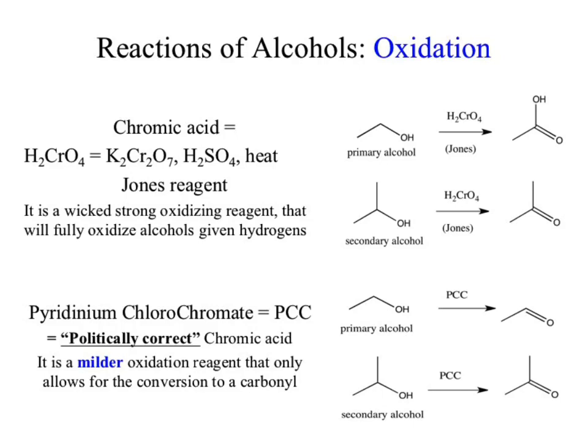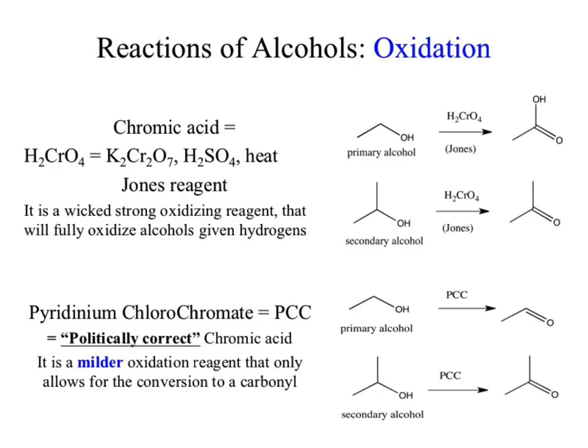The fun thing with chromic acid is that I could just write chromic acid. That would be the same thing as saying H2CrO4. That's the same thing as saying K2Cr2O7 in the presence of H2SO4 and heat. It's also the same thing as the Jones reagent. There's a variety of ways to say chromic acid.